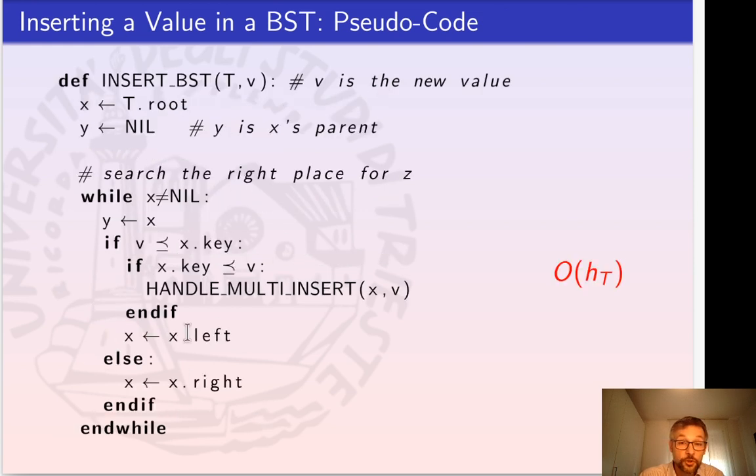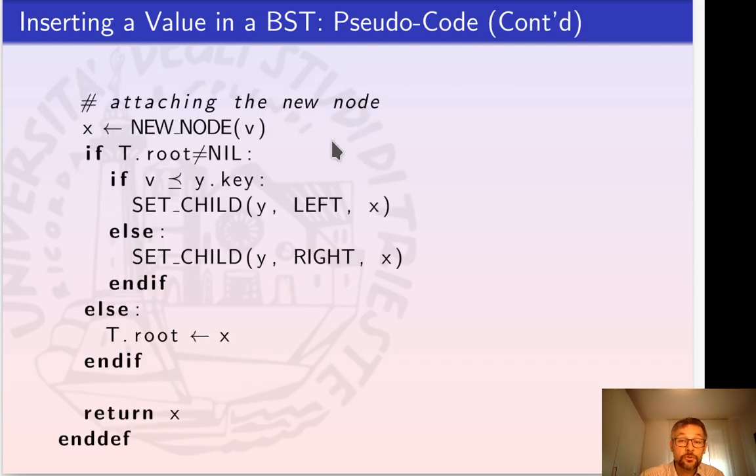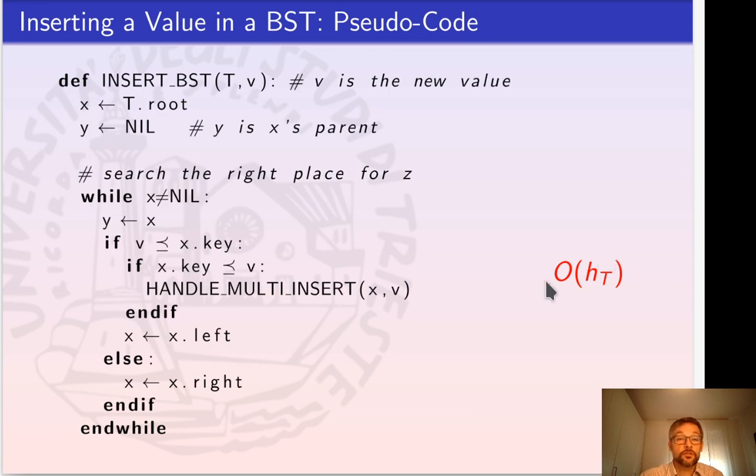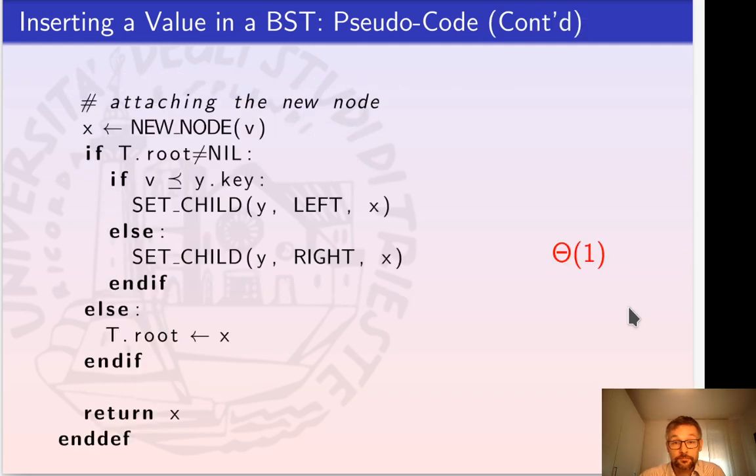Once we are searching for the node, if we end up in a situation in which x is equal to nil, we need to add a new node, and the complexity of adding a new node, of course, is theta of 1, as we saw. So the overall complexity of inserting a node is basically the complexity of searching for the right position to insert the value, and that takes time big O of the height of the tree, as in searching. Okay.